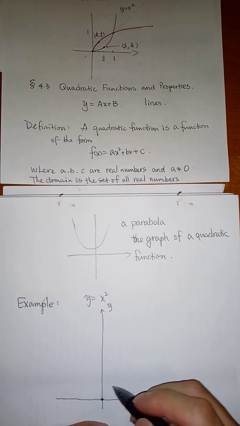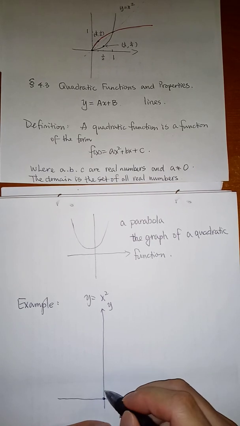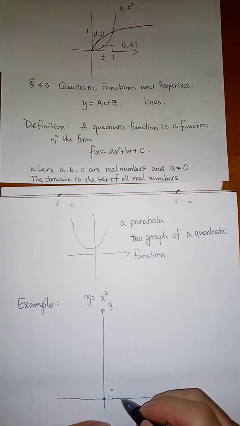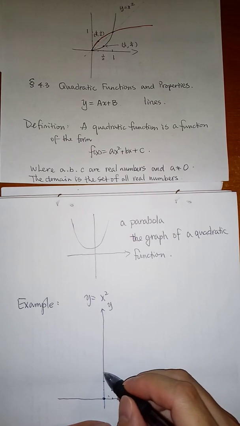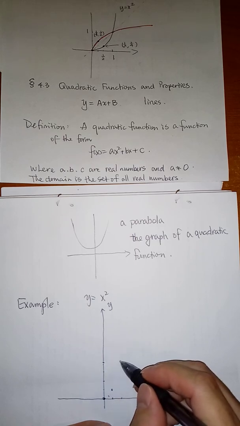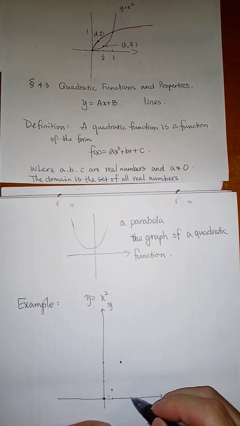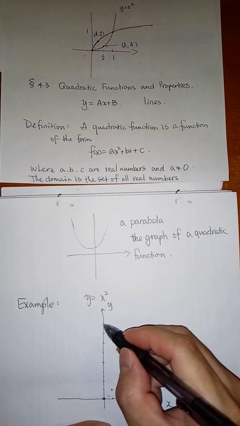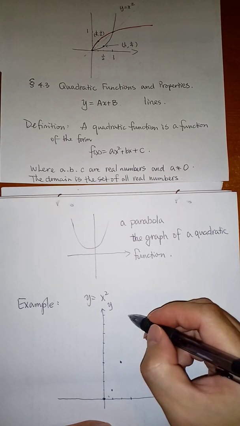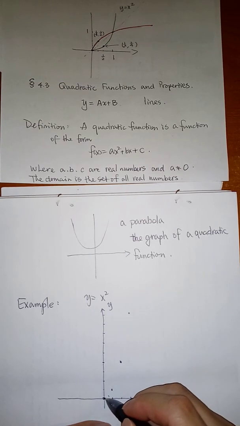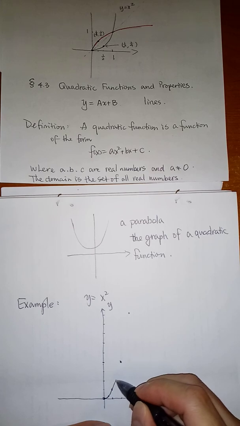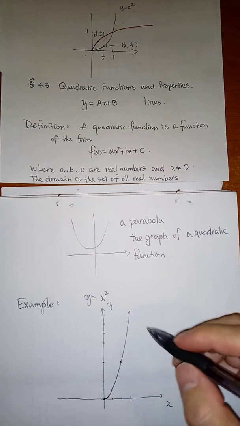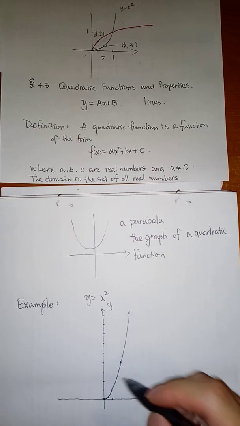When x is 0, y is 0. When x is 1, y is 1. When x is 1/2, y is 1/4. Remember that. When x is 2, y is 4. When x is 3, y is 9. Possibly that's the highest point I can label. Good. So it increases very fast. And it's an even function.